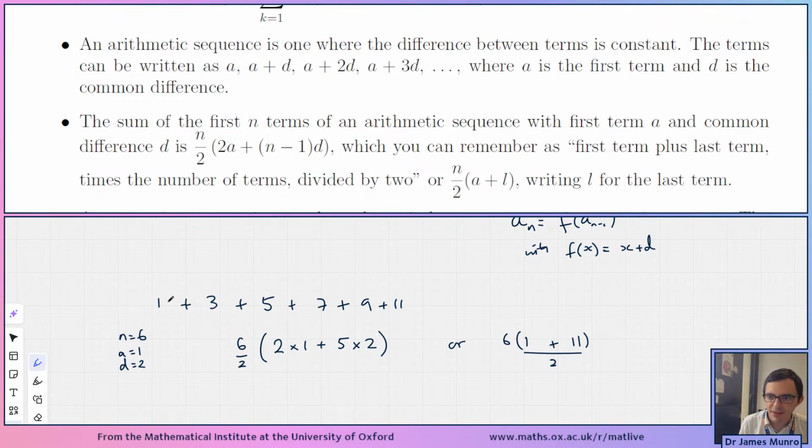There's these pairs you can join up. So 1 and 11 have the same average as 3 and 9, have the same average as 5 and 7. That these things sort of balance on scales nicely as they come in. That's not going to be true of the next type of sequence that we're going to see. So think carefully about what's going on here if you want to use this.